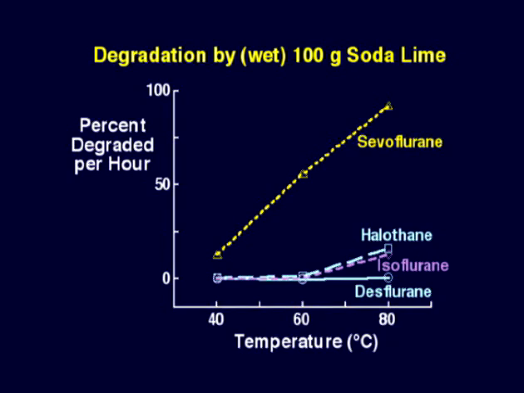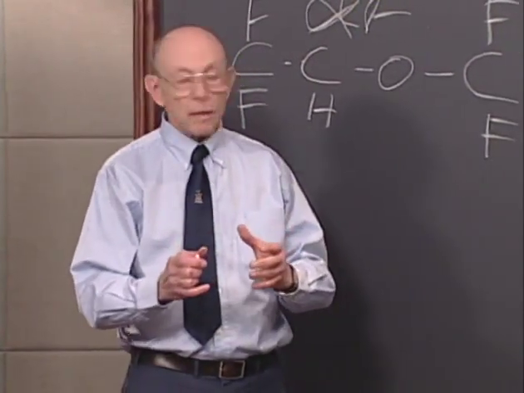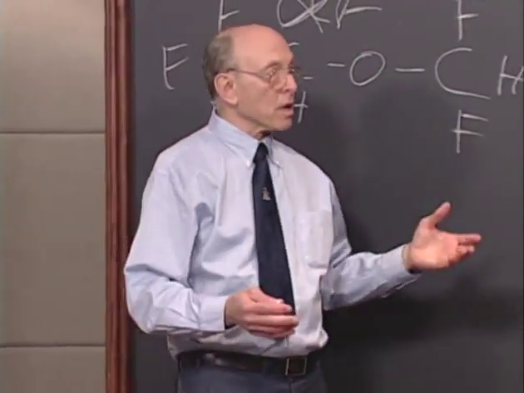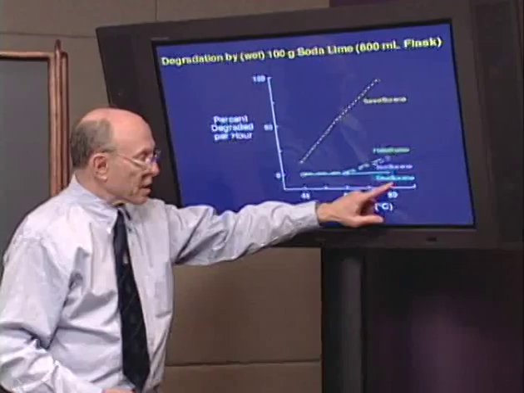This is from a study that we did in which we simply put 100 grams of soda lime in a bottle that had a 600 ml capacity, and we added some anesthetics. And then we noted how much of the anesthetics degraded in each hour. We found in a comparison of isoflurane and desflurane that desflurane was more stable.